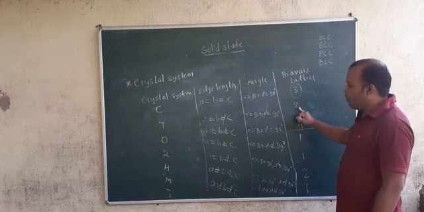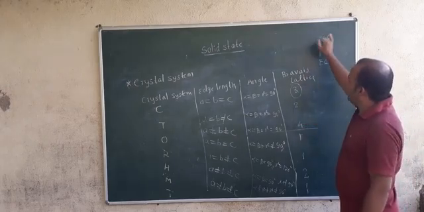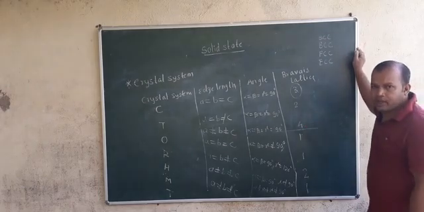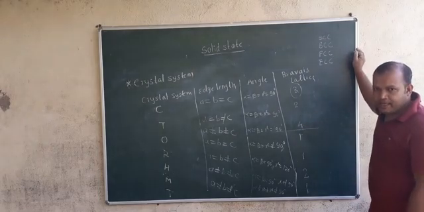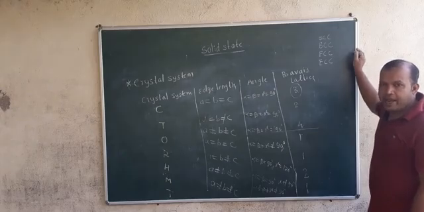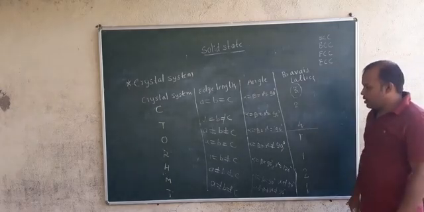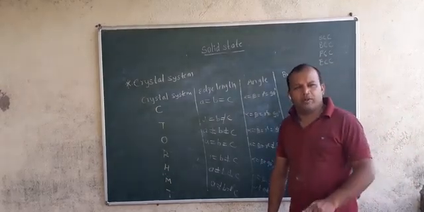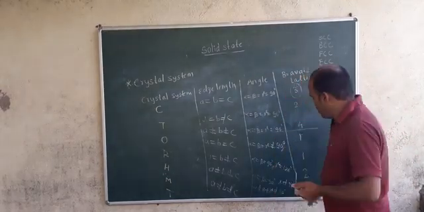This tetragonal is of 2 types: SCC, BCC. This is of 4 types: SCC, BCC, FCC and ECC. This is of only 1 type, that is SCC, which is also known as primitive.